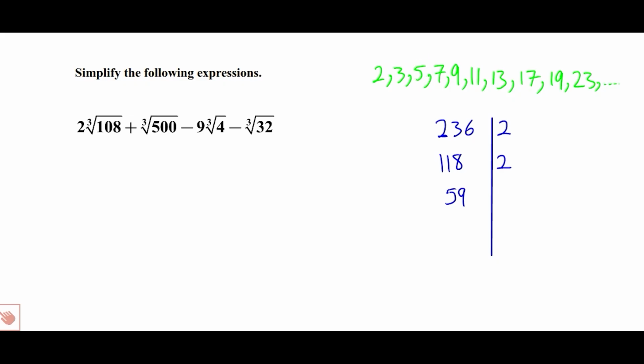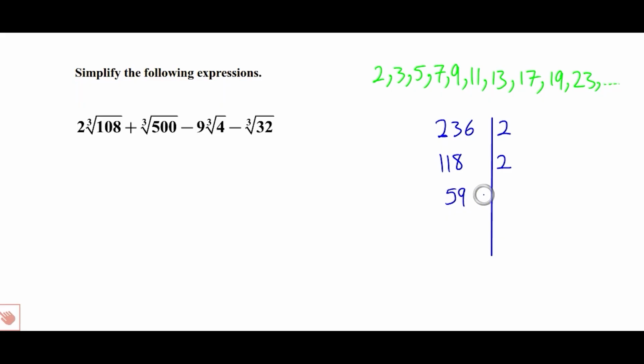Is this number divisible by 5? The answer is no. We see that this number is not divisible by any prime number other than 1 and itself. That means 59 itself is a prime number.